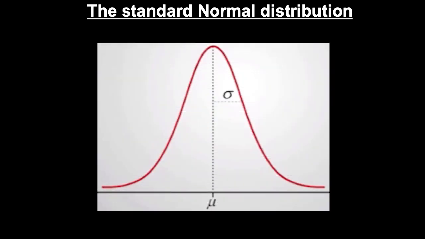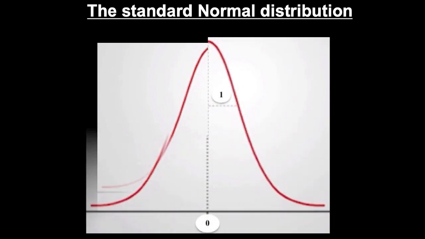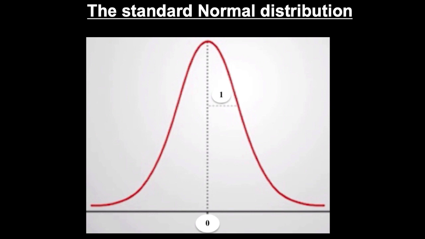Before I go to the standard normal distribution, let me remind you of the normal distribution. The normal distribution is bell-shaped and has two parameters, mean mu and standard deviation sigma. The standard normal distribution is also bell-shaped, but mu equals 0 and sigma equals 1.